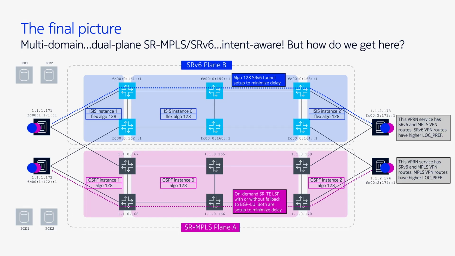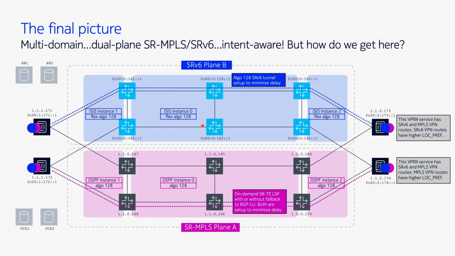So first of all, this is the final picture in our demo. This is where we want to be at the end. As you can see here, we have a multi-domain network. Let me just choose my laser pointer here. The blue domain is the SRv6 network, and the pink domain is the SR-MPLS network.